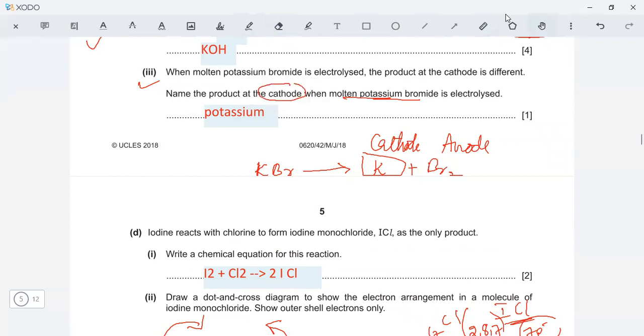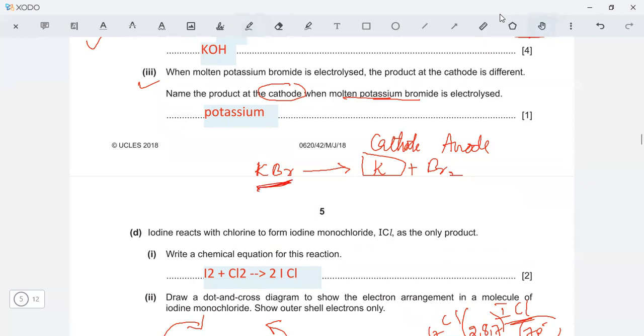But when questions relate to the molten state, just remember there will be an absence of water. So here they mention molten potassium bromide, which means only KBr is there. There will be no water.